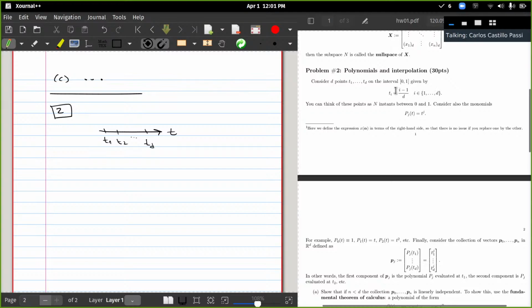If you evaluate this at 1, you get that t1 is equal to 0. Until when you put i as d, and you get d minus 1 divided by d. That is approximately 1.